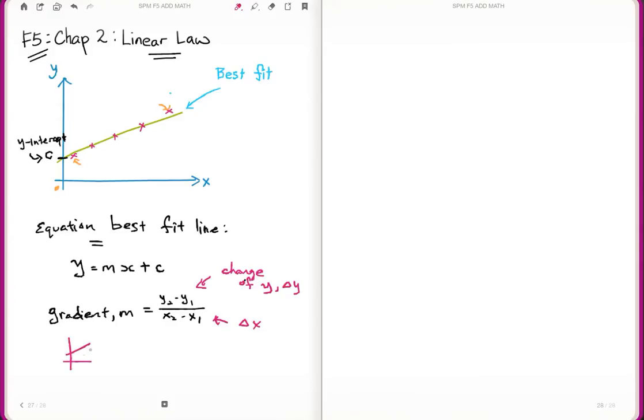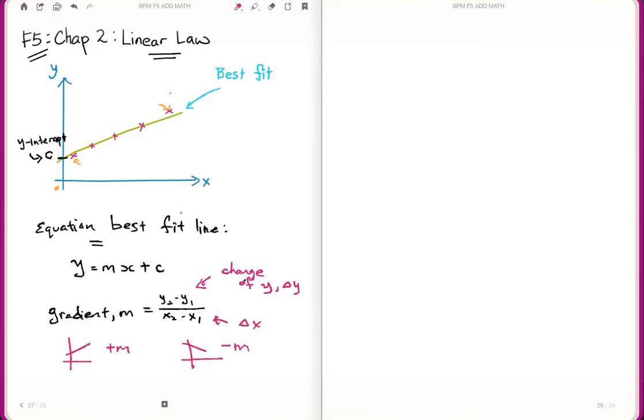If the graph goes up from left to right, it will be a positive m. In the event the graph comes down, it will be a negative m. Later on, we will have a chapter where we do more on this.